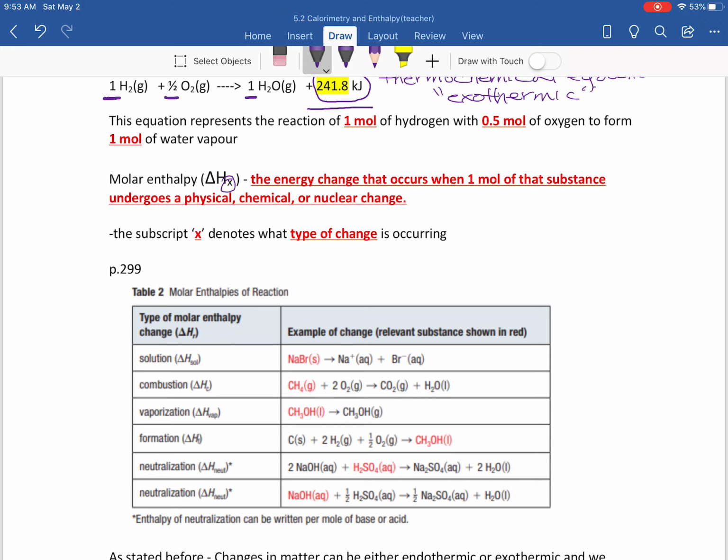And when we talk about molar enthalpy, this is going to look different from just plain old delta H. The minute you see a subscript X, and that X is not always going to be X, it's going to describe what kind of reaction is happening, not necessarily chemical. So the minute you see a subscript, you know we're talking about molar enthalpy.